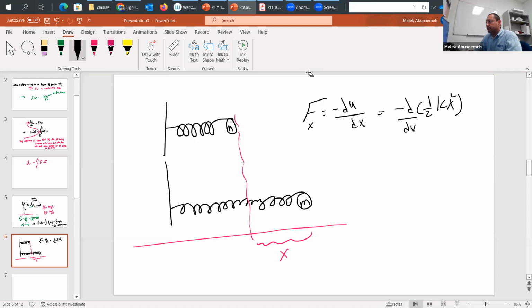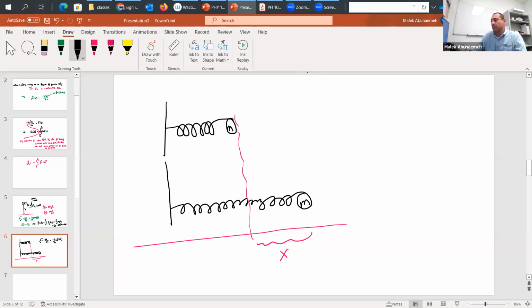Actually, let me just go ahead and solve for the potential energy from the force. So when we talk about the force, we're talking about minus kx.